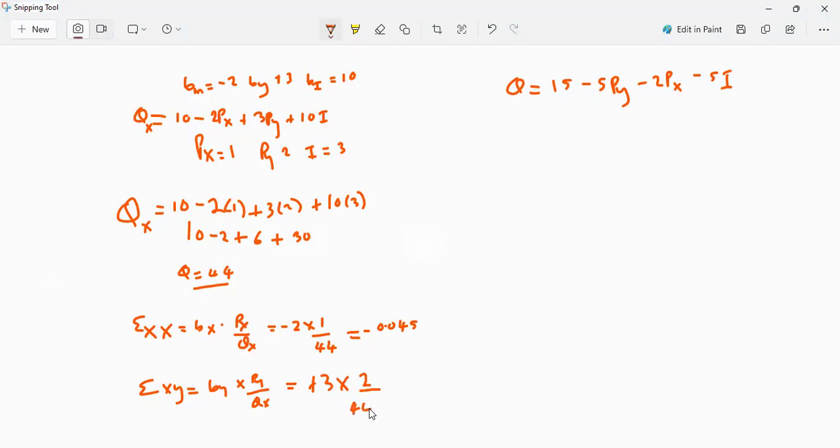So here we're going to divide 6 by 44. What do we get? 0.136.